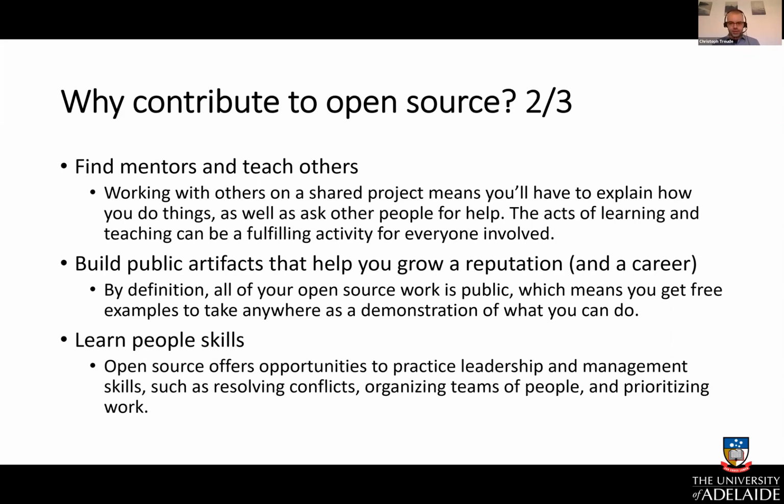Build public artifacts that help you grow your reputation. We talked about that. And learn people skills, right? Most open source projects, and definitely the ones that you will try to contribute to as part of this course, are relatively large in terms of number of people.